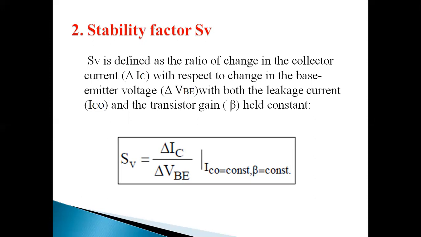So it is defined as the ratio of change in the collector current, delta IC, with respect to the change in the base emitter voltage, delta VBE, with both leakage current as well as transistor gain, beta, held constant. In the earlier case, that is stability factor S, beta and VBE are kept constant, and in this case it is calculated by taking delta IC with respect to delta VBE, where ICO as well as beta are kept constant.